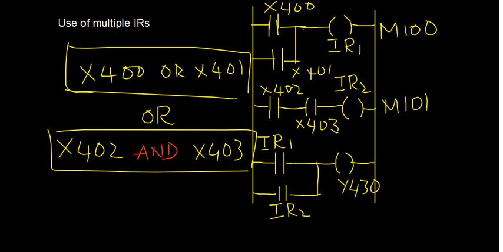When either of these two conditions happens, then only your output Y430 is true. This is the condition.